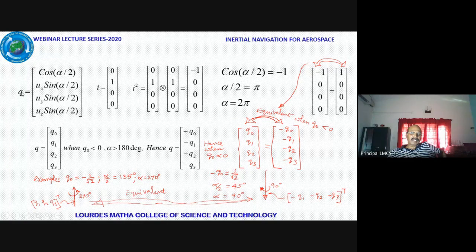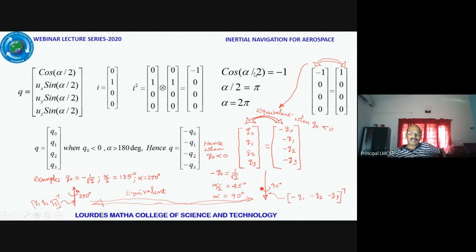The quaternion is now well defined. Its norm is unity. Then I is easy, as we have already told. So I square is a quaternion multiplication, and I square is -1. We know the position should change. So when this position is changing, what does it mean? This position is cos(alpha/2).